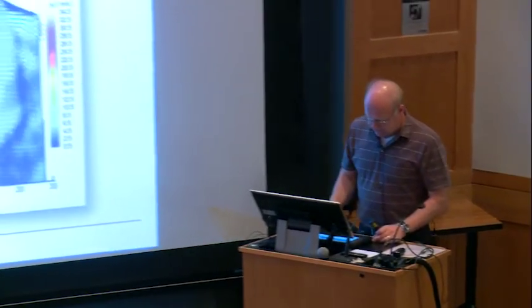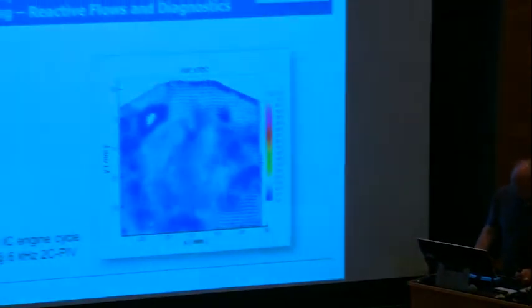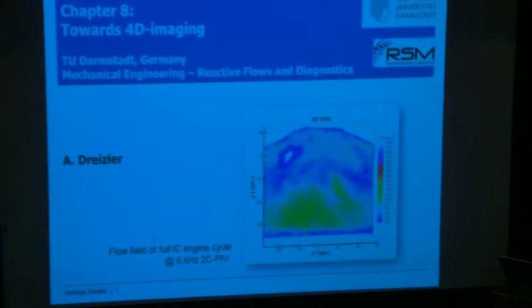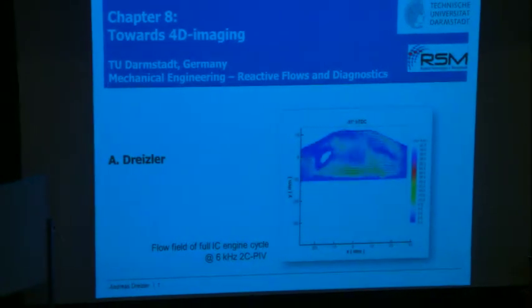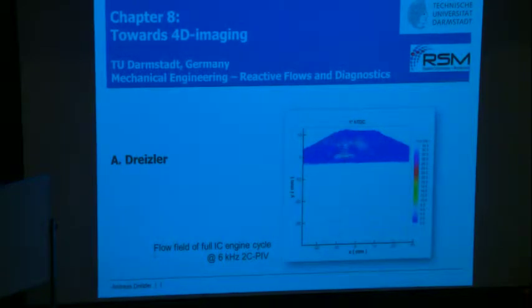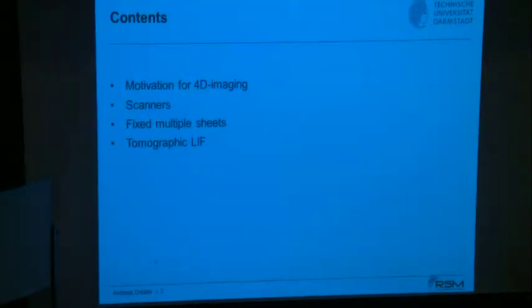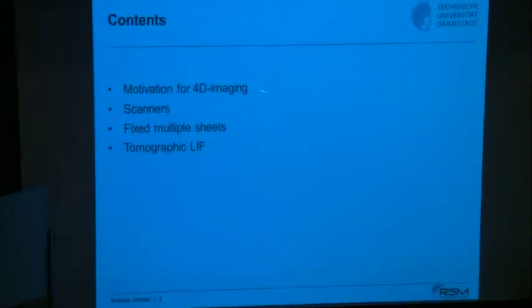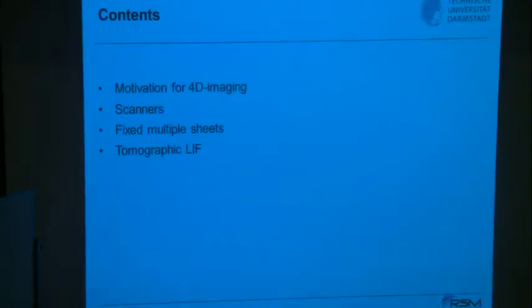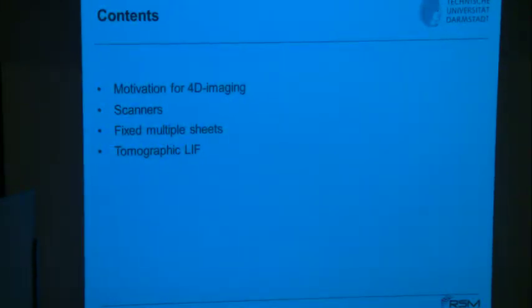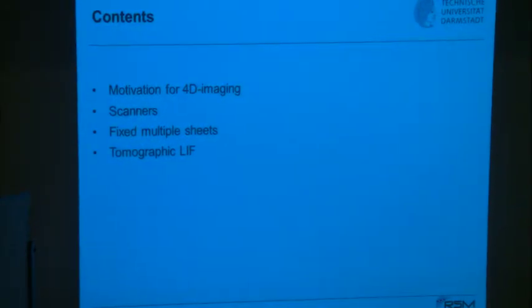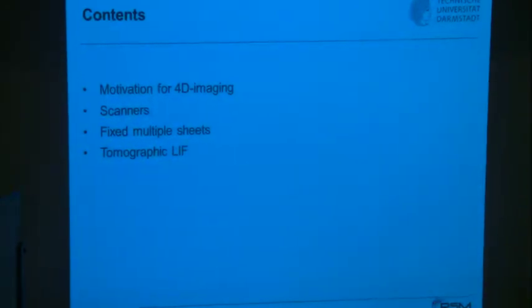As I said, we want to now continue with the discussion of high-speed imaging with an intention as well to go for 4D imaging. And that brings us to the motivation in this specific aspect, why volumetric imaging combined with the time information can be useful.